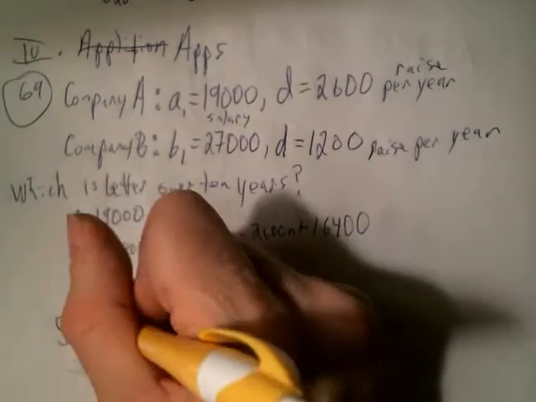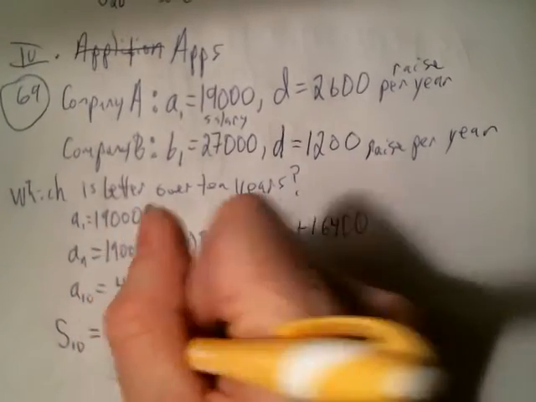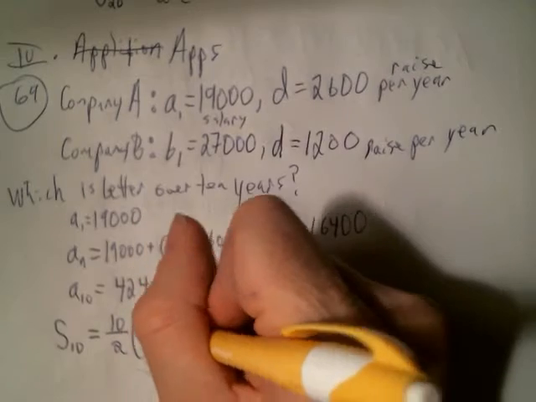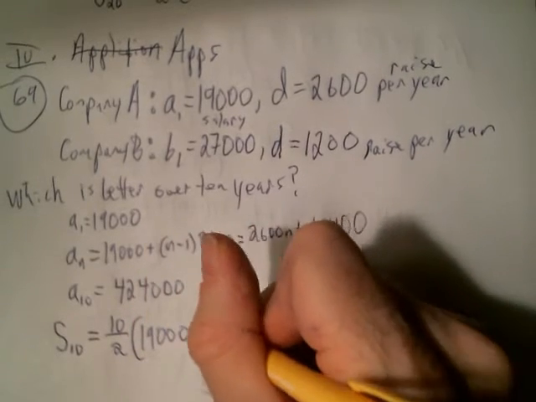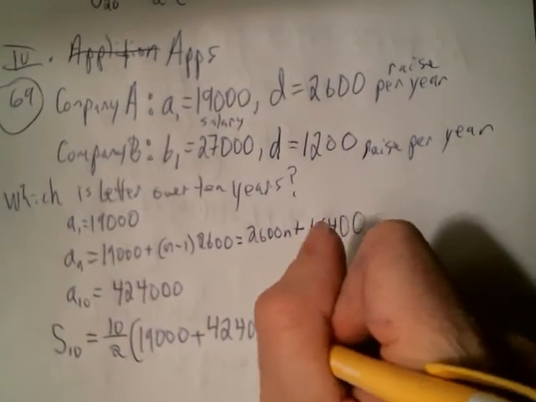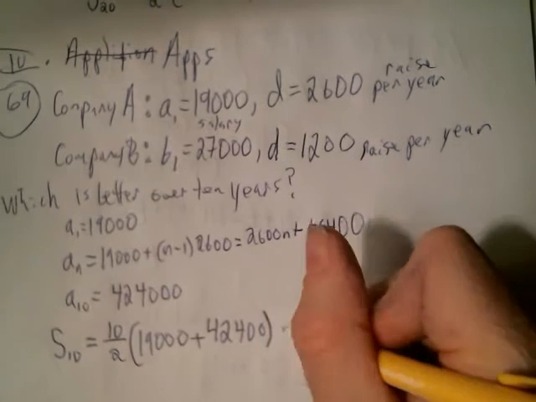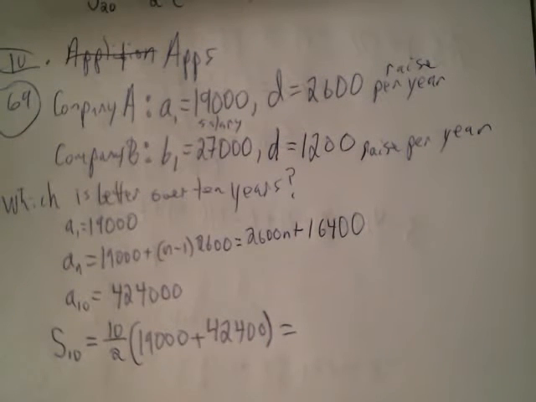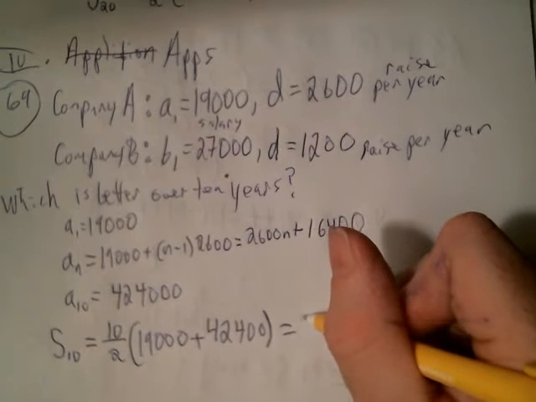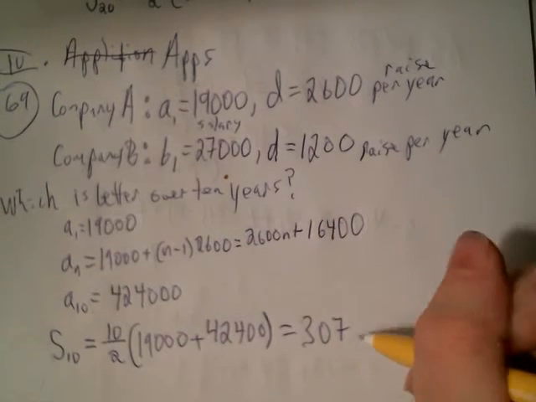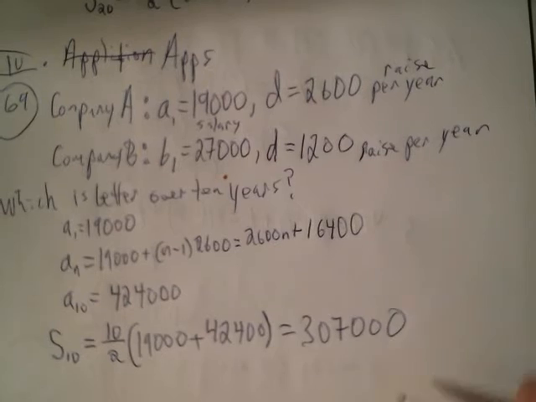That'll equal, of course, 10 all over 2 times a sub 1, 19,000, plus a sub 10, which is 42,400. Okay, so we'll plop that into our calculator. And we're getting a whopping $307,000.